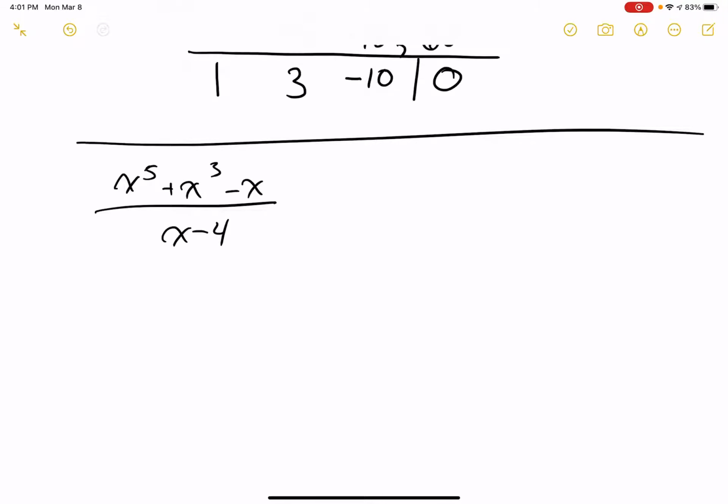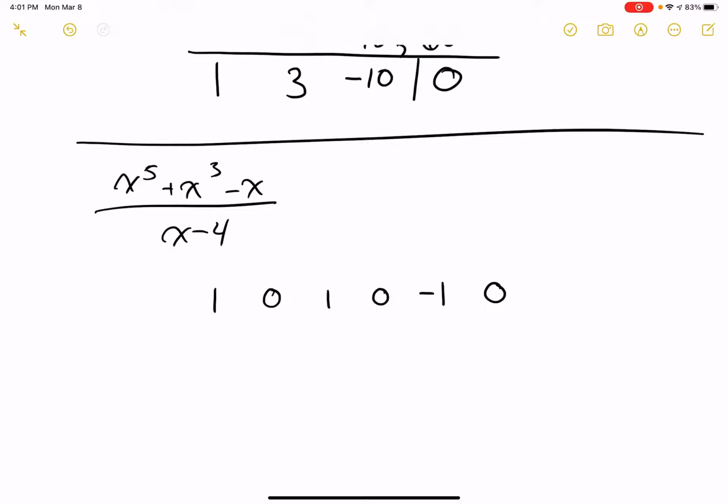So now I want to write down my coefficients that I have. I've got a 1 for x to the 5th. I get a 0 for x to the 4th. A 1 for x to the 3rd. A 0 for x squared. A -1 for the x. And then a 0 for my last one.